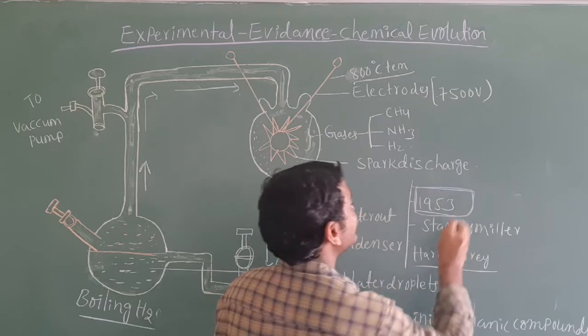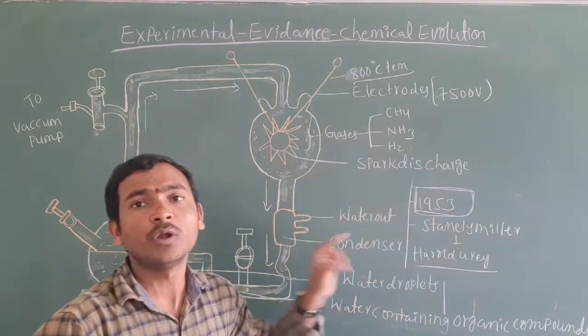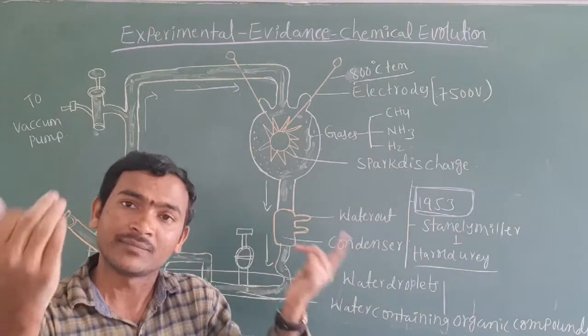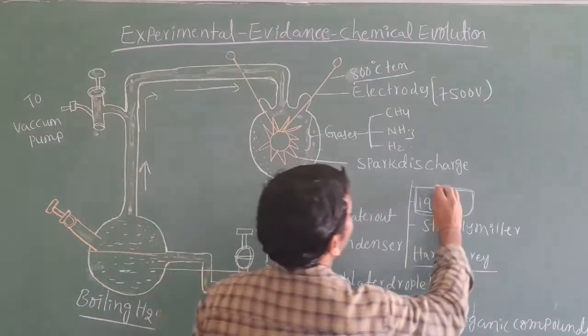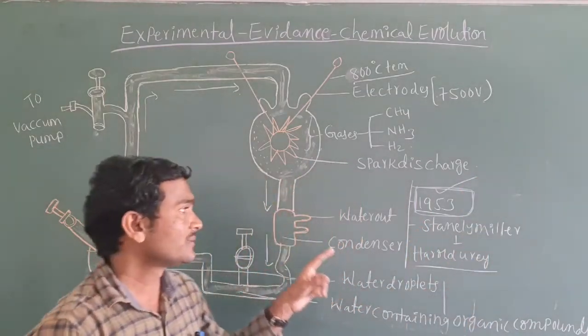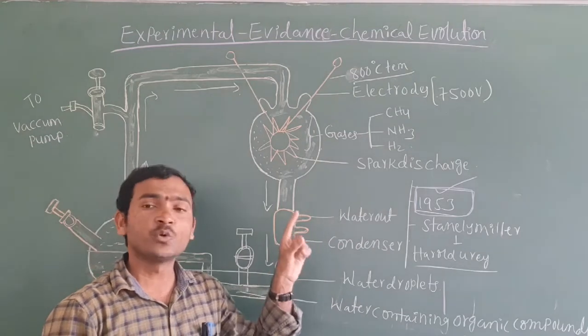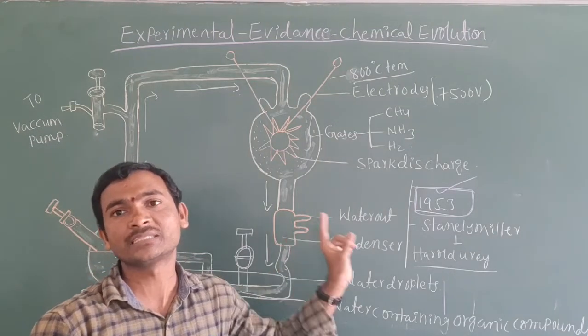Actually they conducted it in 1952, but they published it in 1953. That's why we consider it as the 1953 Stanley Miller or Urey-Miller simulation experiment.